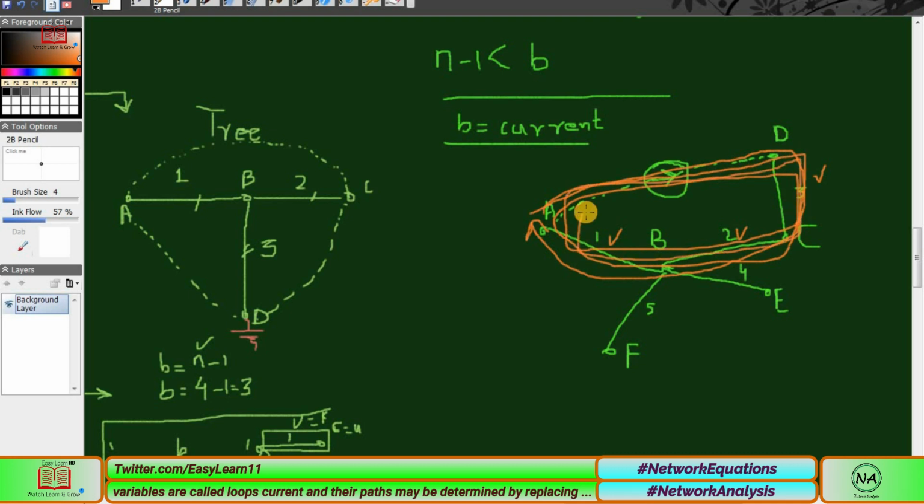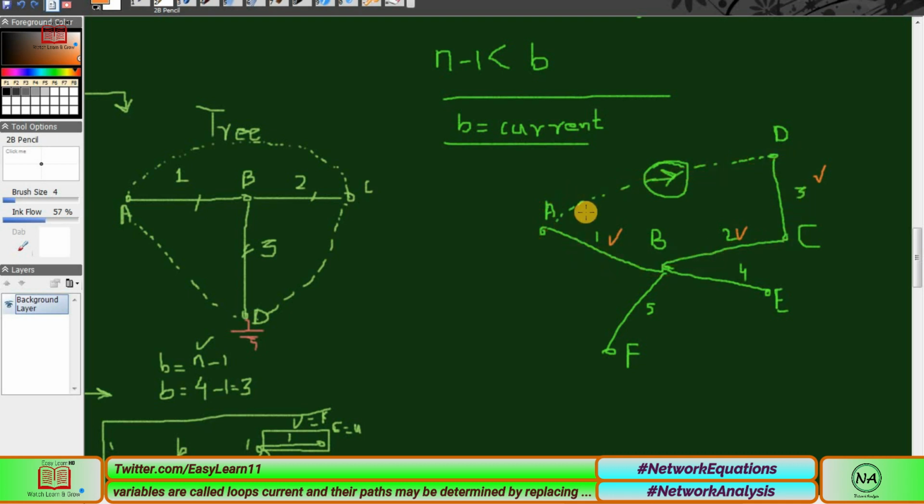Now I just need to remove this. So this is the way. The 3 branches, first, second and third, carry an equal amount of current because these are connected in series. When the branches are connected in series, the current doesn't divide but the voltage splits. What does it mean?